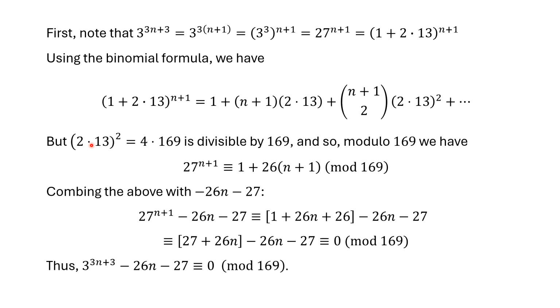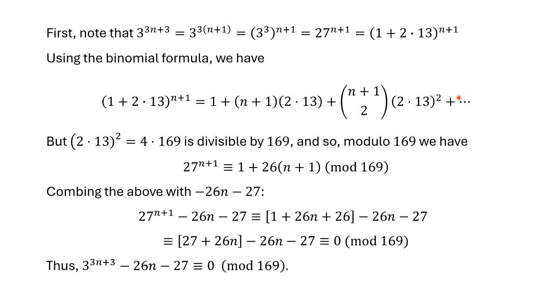But 2 times 13 squared is equal to 4 times 169. So that's divisible by 169. And the other terms have even higher powers of 2 times 13, but they would also be divisible by 169.